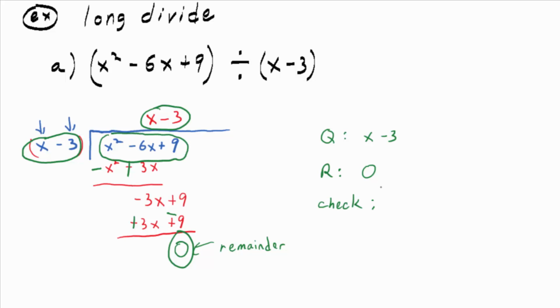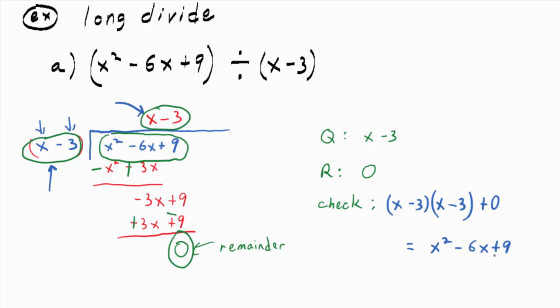So that's telling you that x minus 3, you could look at that as the divisor, times the quotient, which is also x minus 3, plus 0, had better equal the dividend. Does it? Yeah, in fact, you guys have been going backwards lately, right? X squared minus 6x plus 9 factors to be x minus 3 times x minus 3, doesn't it?